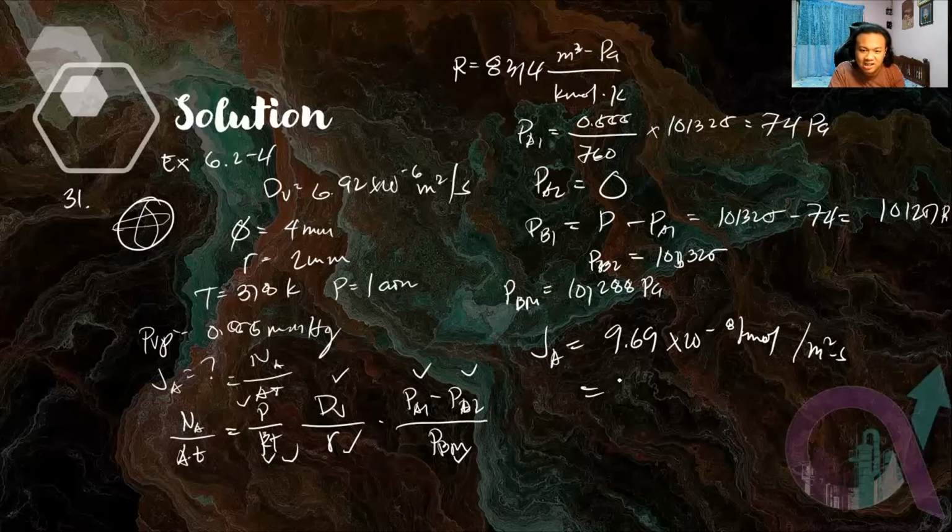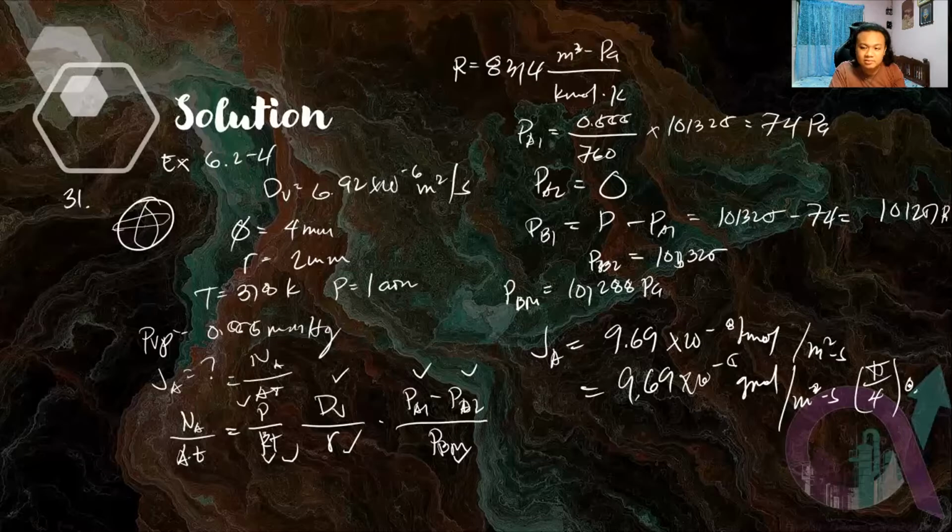So this is 9.69 times 10 to the negative 5 gram mole per second. Let's multiply that by the area, 0.004 meters squared.